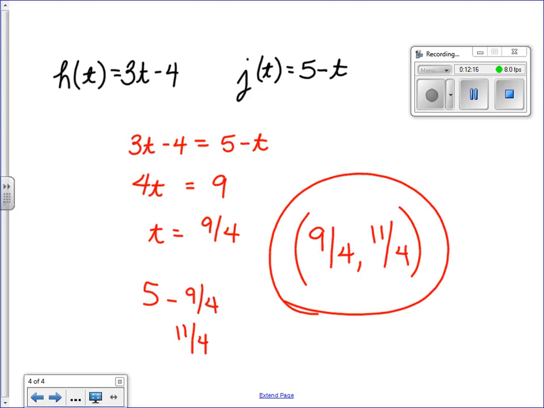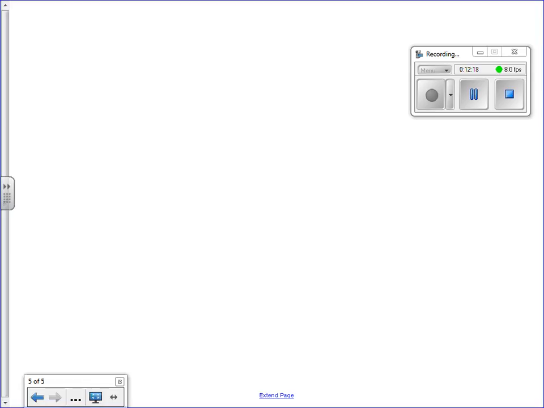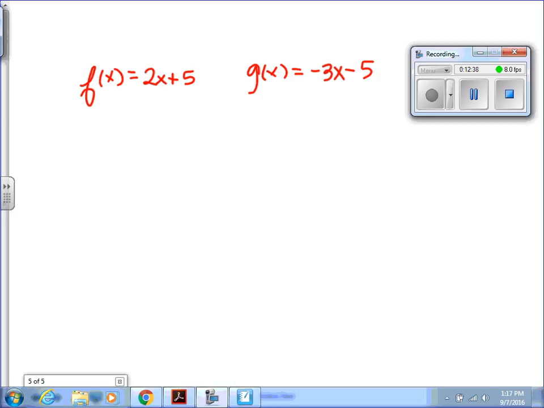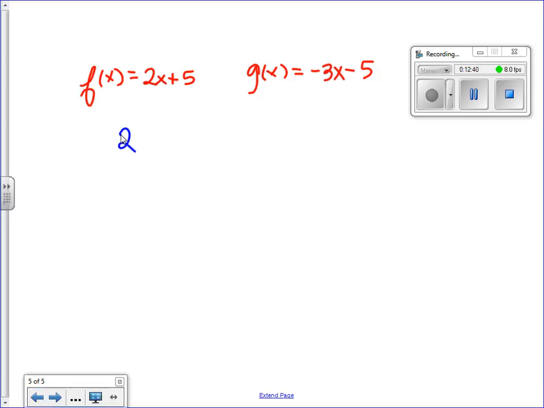All right, I'm going to give you an easy one to do by yourself. Find the point where f of x equals 2x plus 5 intersects with g of x equals negative 3x minus 5. So 2x plus 5 equals negative 3x minus 5.